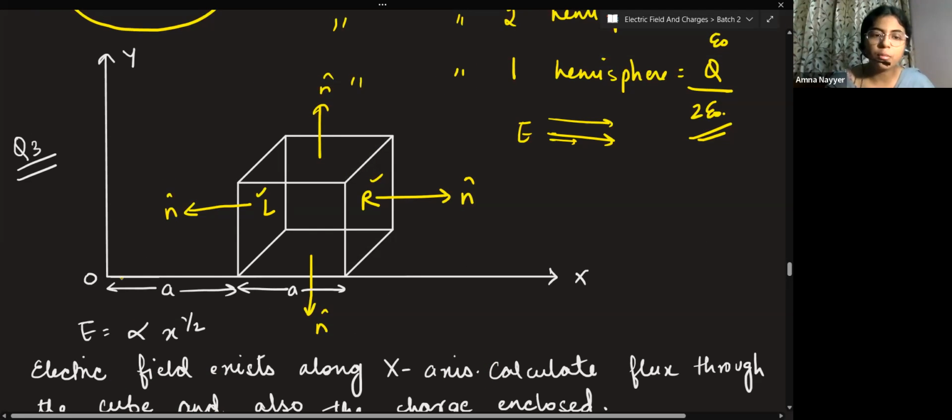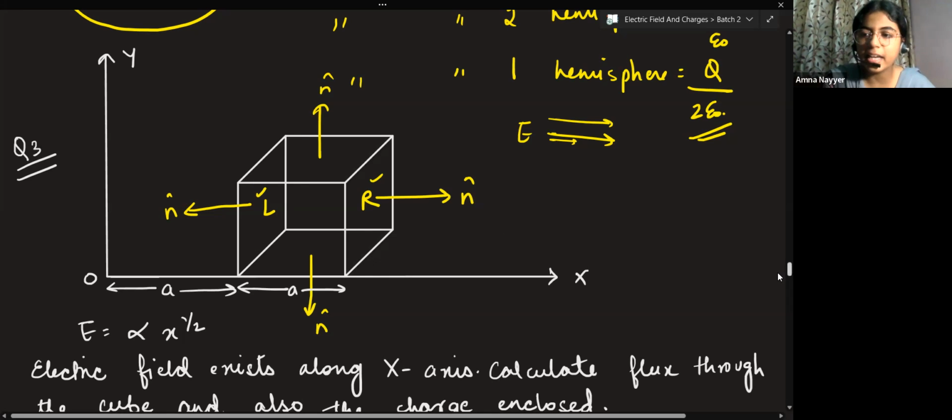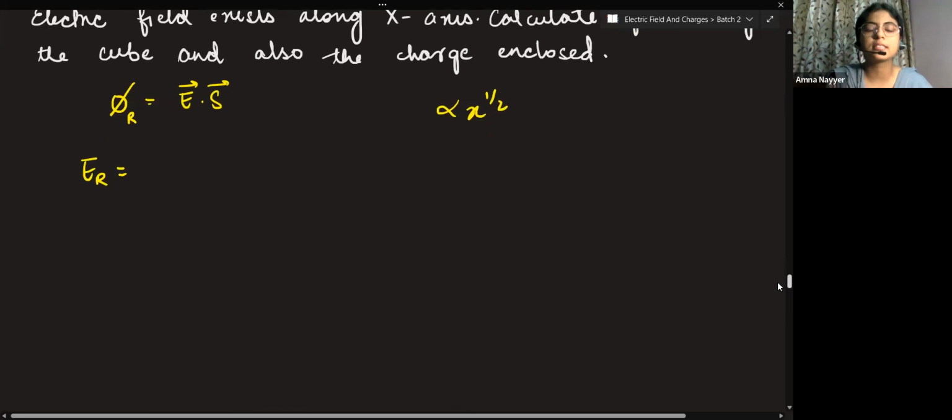The cube is separated from the origin by distance A, and the side of the cube is A. So by how much distance is this face separated from the origin? A plus A, that is 2a, correct. So instead of x, I'll write 2a. Alpha is a constant, so I cannot change alpha. Instead of x to the power half, I can write 2a to the power half.